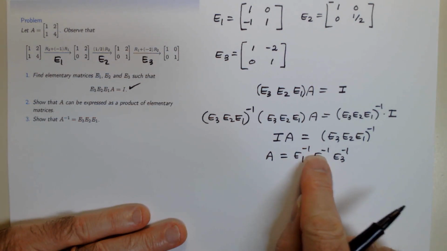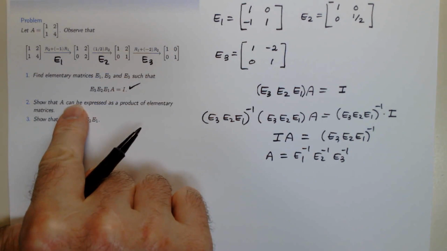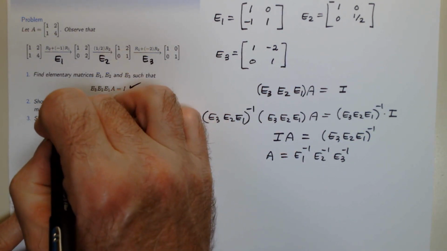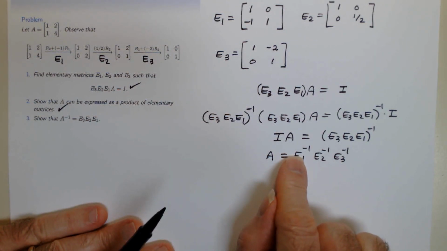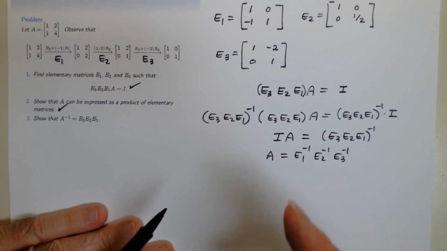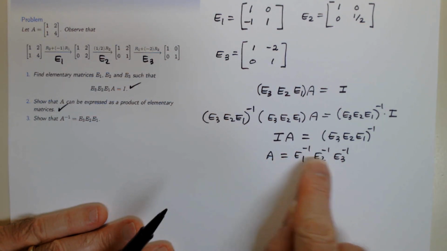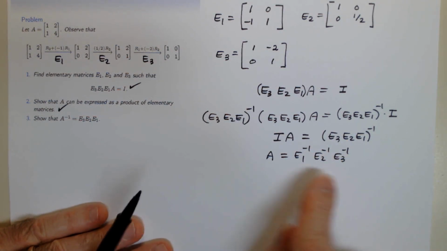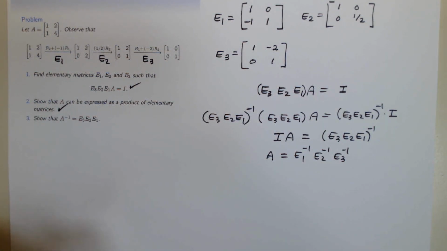So each one of these is an elementary matrix, and therefore A can be expressed as a product of elementary matrices. That's what we've shown. Okay, so let me just say that one more time. Each elementary matrix has an inverse, which is itself an elementary matrix. So when we're looking at this, that's an elementary matrix, that's an elementary matrix, and that's an elementary matrix. And so A is expressed as a product of elementary matrices.